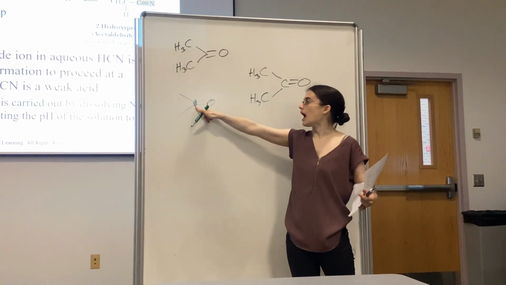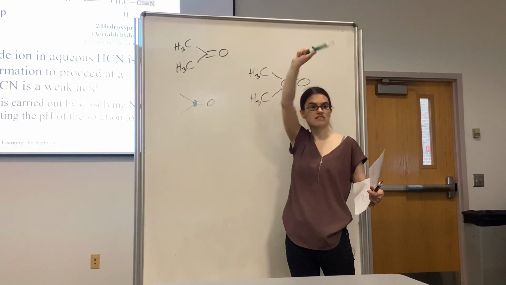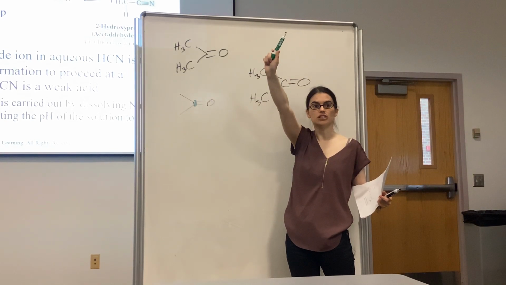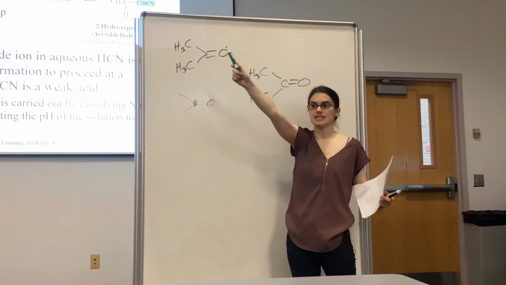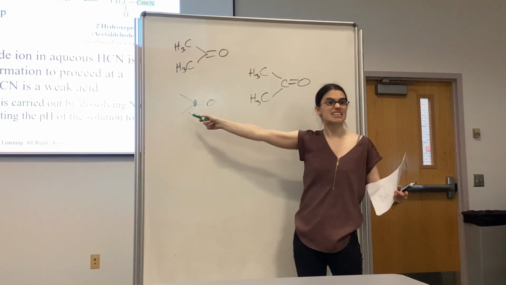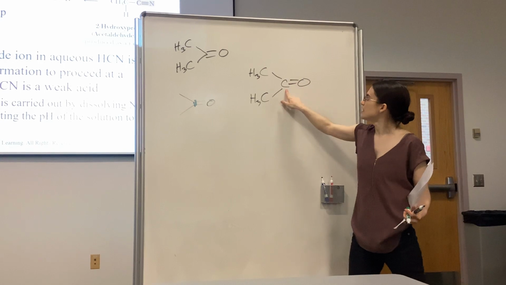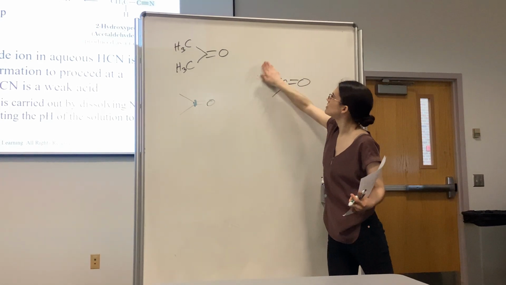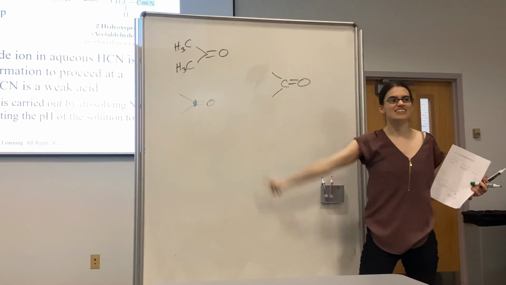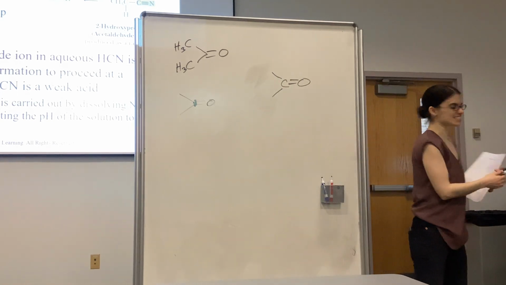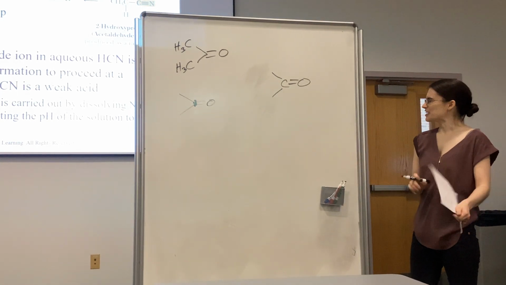This is also why I suggest it's not a bad idea to bring an extra color or two to mark things in exams, because it really makes things easier to see how many carbons there are. Okay, so this, or can we do that? Okay, cool.